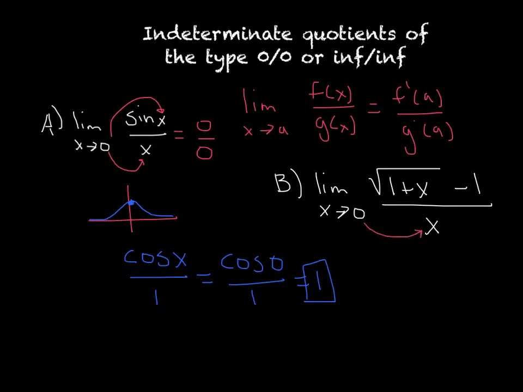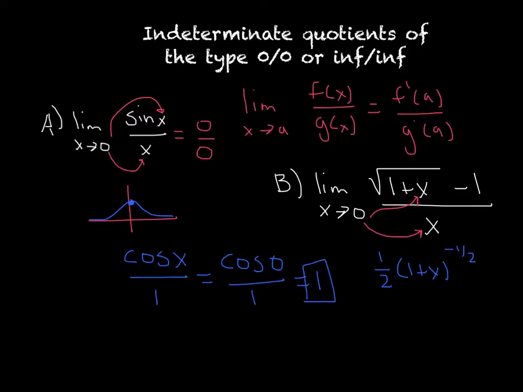So if we plug in 0 into both of these, we get 1 minus 1 on the top, which is 0 over 0. So we can apply L'Hopital's Rule. And if we remember that the square root is the 1/2 power, the derivative is simply going to be 1/2, leave the inside function alone, 1 plus x, drop the power down, and then multiply by the derivative of the inside, which is just 1.